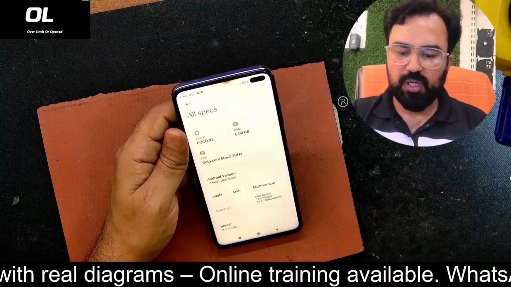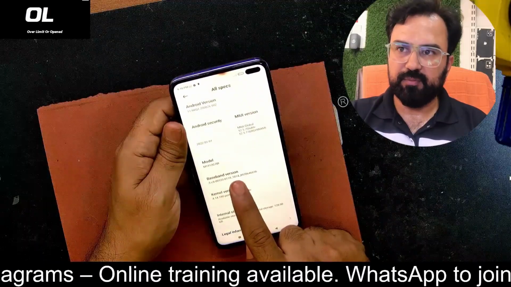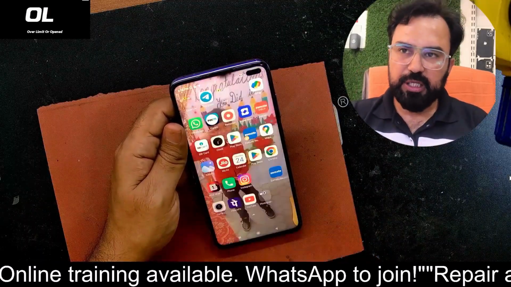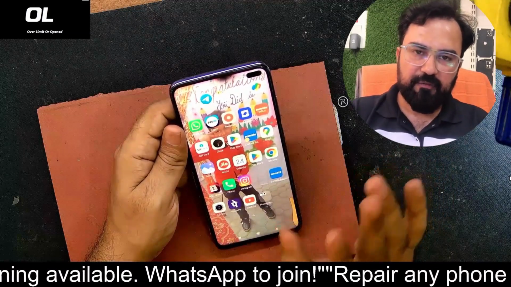This model is a Poco X2 and the baseband version is also available. So in these 2 steps, that means the baseband is available.